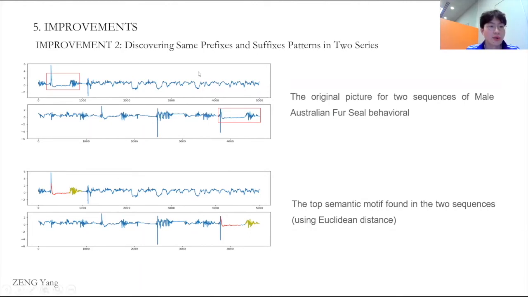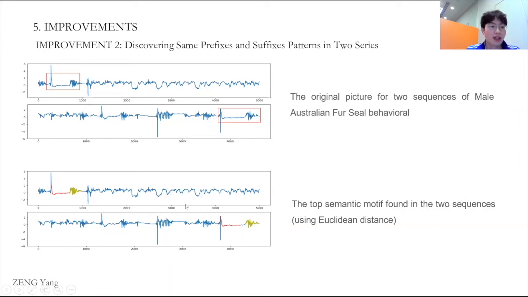Similarly, the data we use here is still the behavior data of seals. The first figure is the original picture of two signals of seals. Obviously, there is a high similarity between the beginning of the first sequence and the end of the second sequence. So it is possible to find the prefix and the suffix.